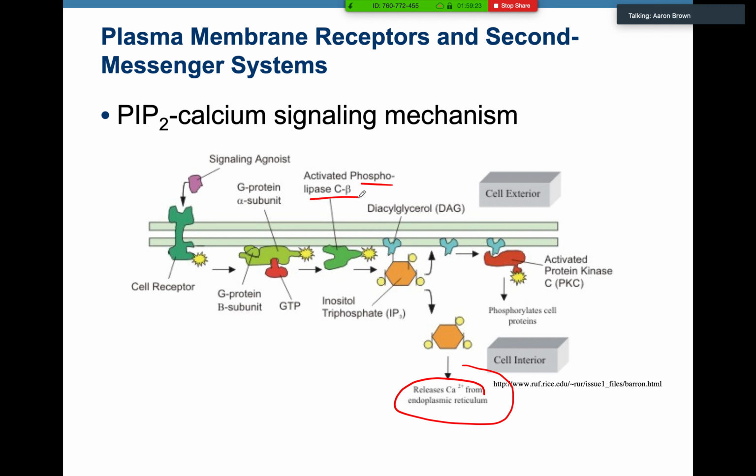Phospholipase C is the enzyme. Just like in G sub S, we had adenylate cyclase as our enzyme, for G sub Q we talk about phospholipase C as our enzyme. Instead of increasing levels of cAMP, here we're increasing levels of IP3. And that IP3 ultimately is going to increase levels of calcium.